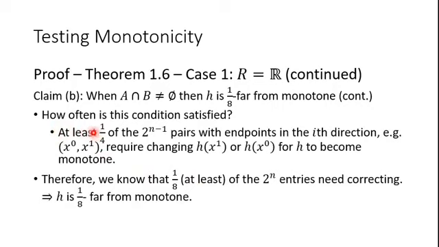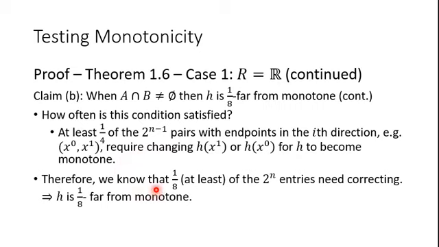So this is what we wanted to answer. We wanted to answer how often this condition of them being equal to 1 is satisfied. And we just showed that at least 1/4 of these 2 to the n-1 pairs that have endpoints in the ith direction require changing either hx1 or hx0 in order for h to become monotone, in order for the monotonicity requirement not to be violated like we saw before.